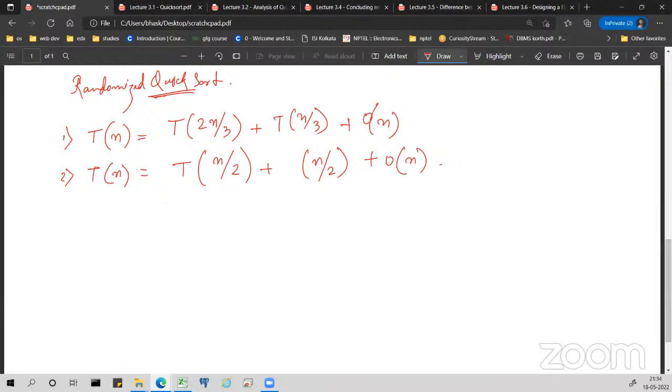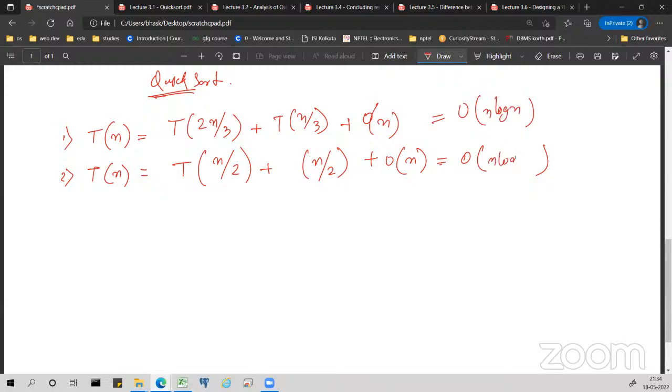So what would be the complexity of both these cases? What would be the complexity? n log n? Yeah. In both cases, it would be n log n.